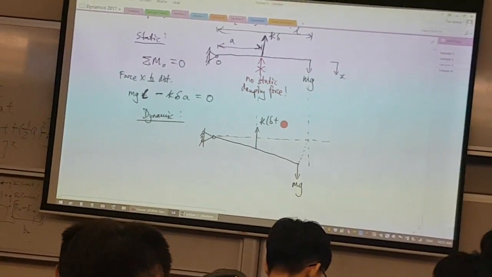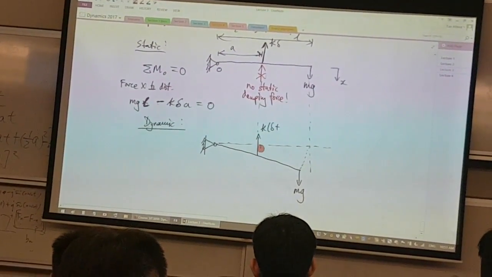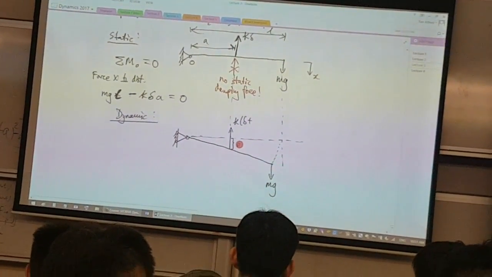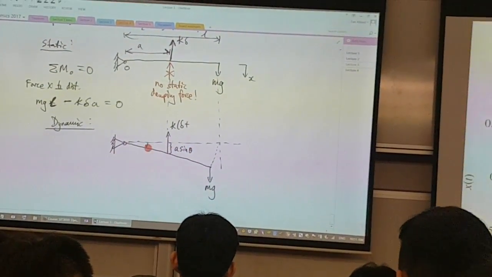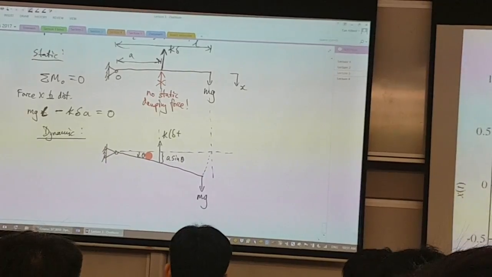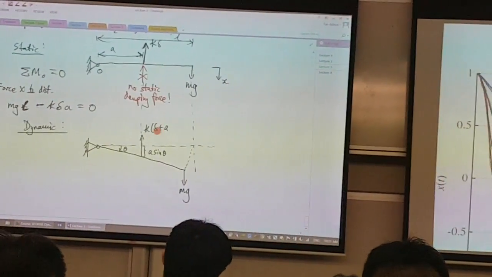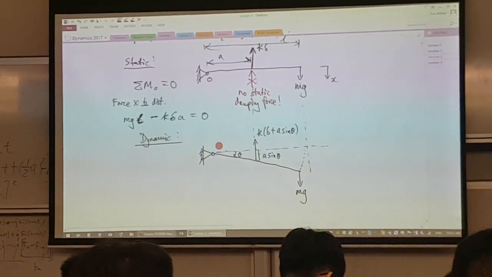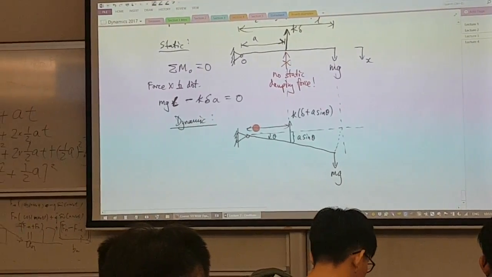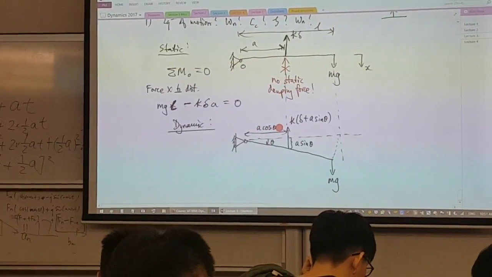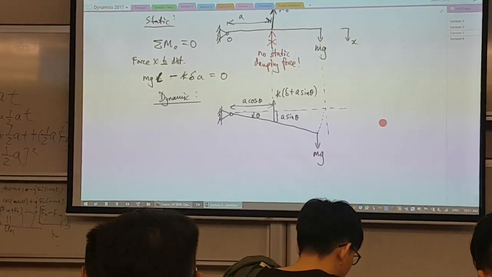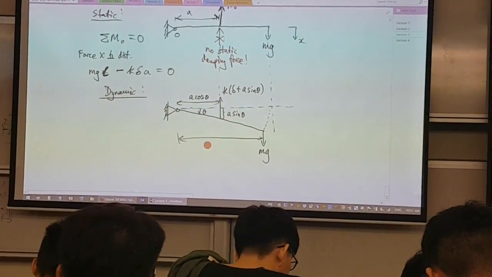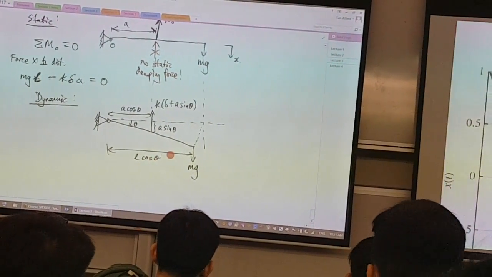But in this case, that x here was a result of this displacement. So this displacement over here is actually a sine theta, where this is your theta. So that force will be k(delta plus a sine theta). And this distance over here, hence, will be your a cosine theta. And this entire length, from here to here, will be L cosine theta.